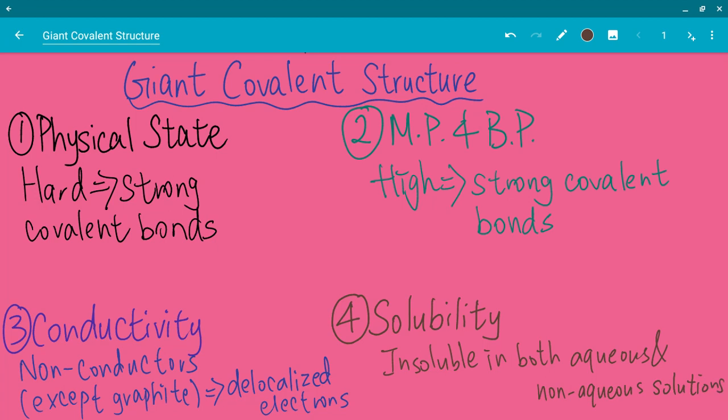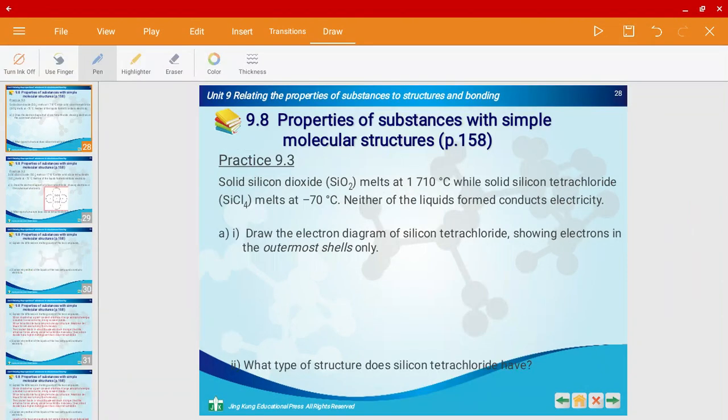All right, so let's have a look at some examples. This is practice 9.3 on page 158. You can turn to your textbook and do it yourself and then refer to this video. Let's read the question.